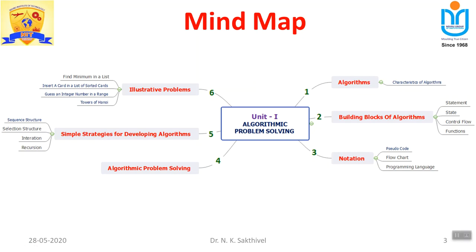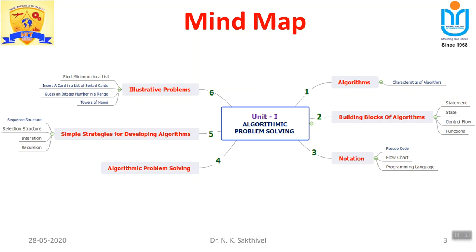Finally, we are going to discuss a few problems, from which we can understand how to solve small problems, or how to break a complicated problem into small pieces and find a better solution.